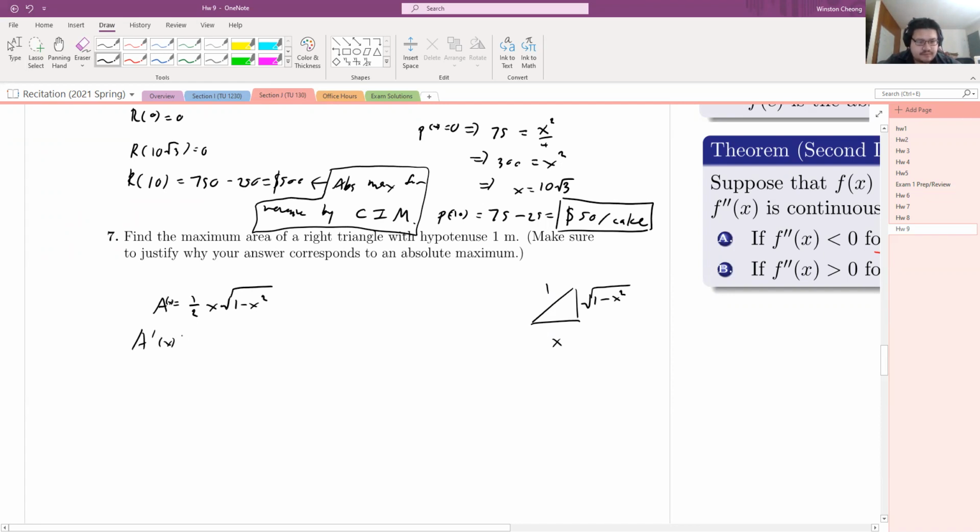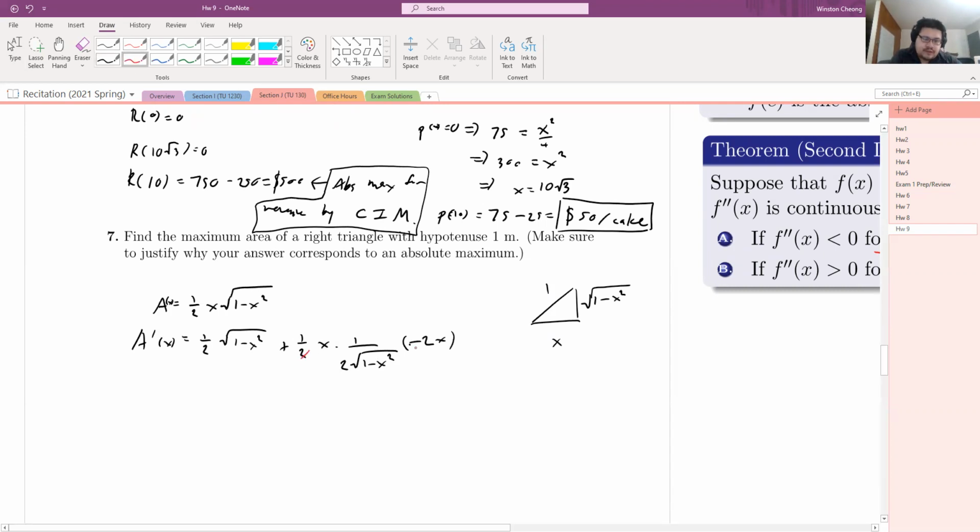So I'm just going to force us to think of this as a function. So 1/2 times the square root of 1 minus x squared, plus 1/2 x times 1/2 times 1 over the square root of 1 minus x squared times minus 2x.